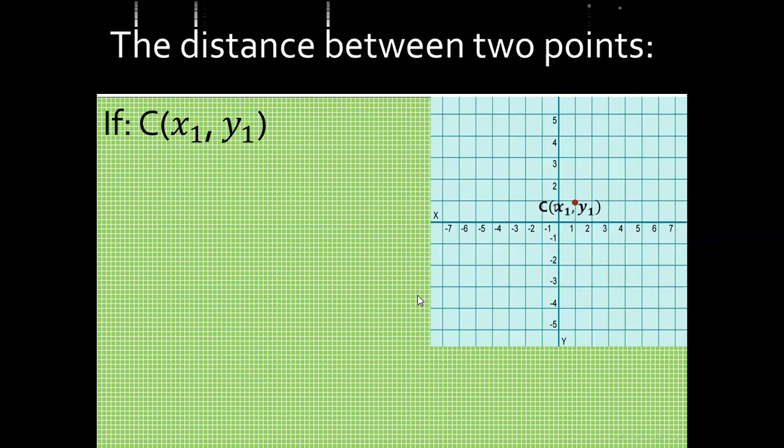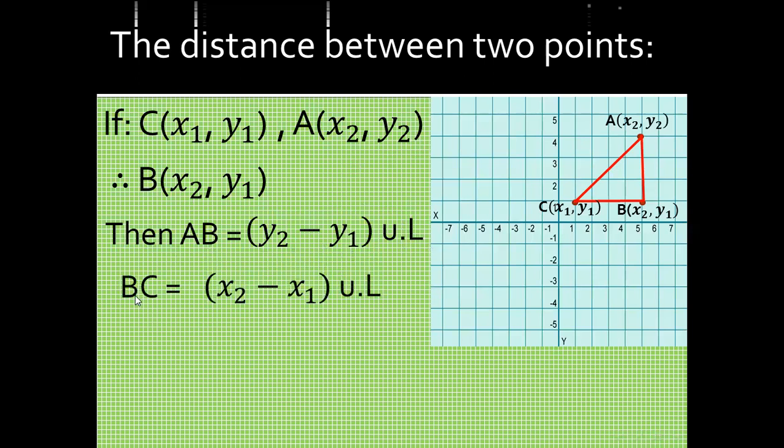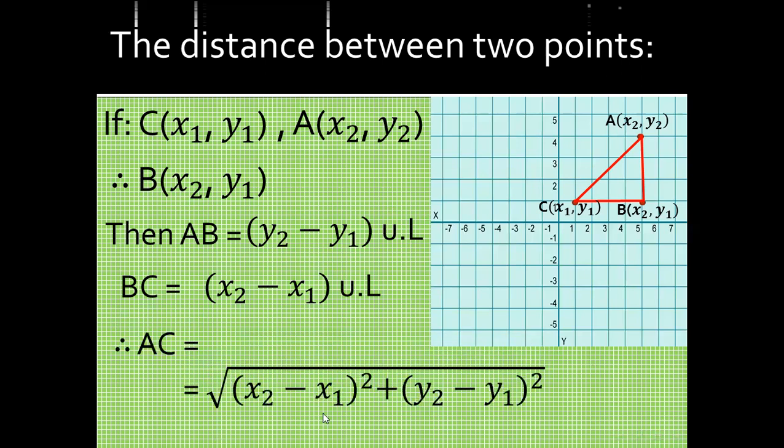If we have C in general (x1, y1), and A (x2, y2), and we have B (x2, y1), then the length of AB equals y2 minus y1 length units. In the same way, BC equals x2 minus x1, then AC, by using the Pythagoras theorem, equals root of the difference between x's power 2 plus the difference between y's power 2.